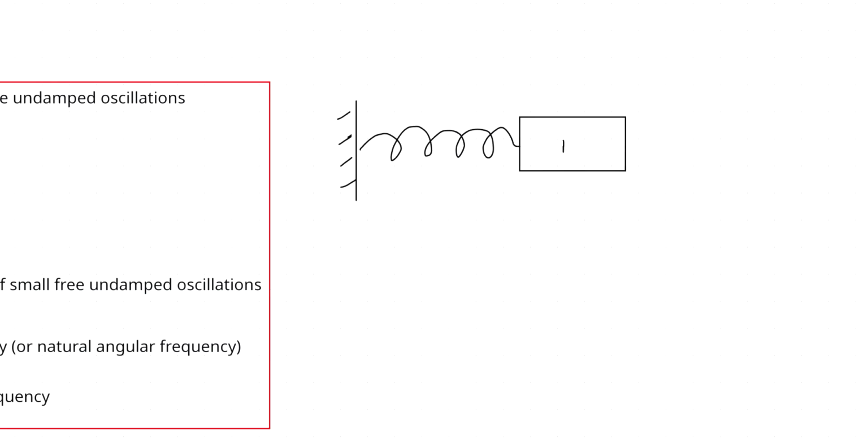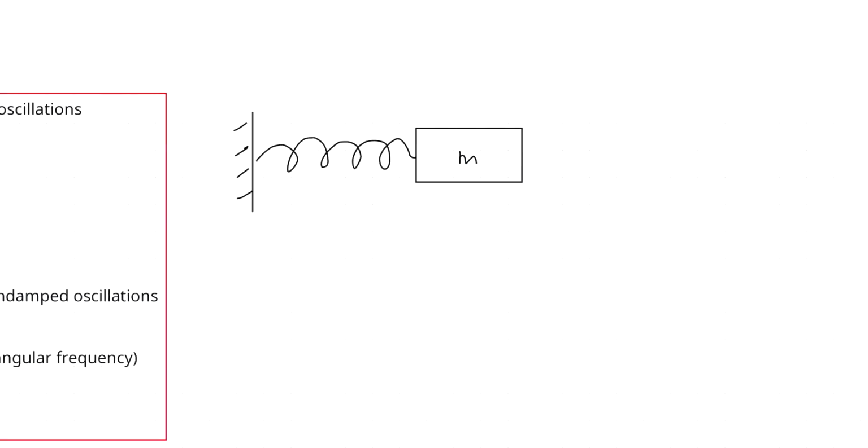And here we have the spring constant. The spring has spring constant k, and here we have some coefficient that shows dissipation of energy, that shows leak of energy.